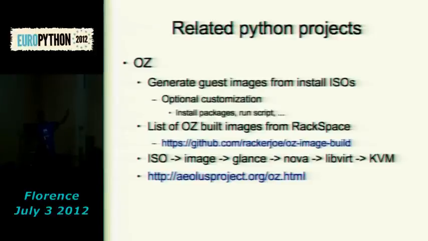You push that into Glance to store the image. Nova then, when you ask to instantiate an instance of the image, will pull it out of Glance, cache it, and then, as an example, Nova will use libvirt to start up that image on KVM.